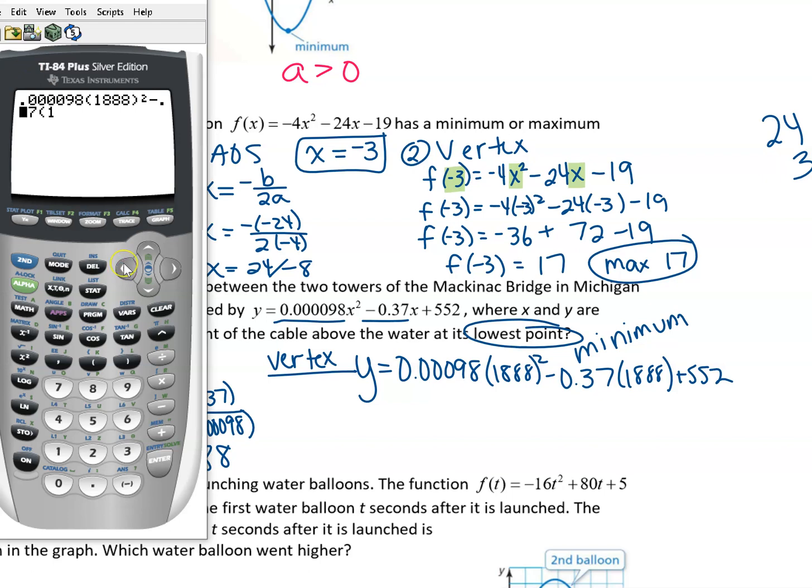Not 0.037, just 0.37. 1888, close parentheses, plus 552. So about 203 feet. So the calculator did all of the heavy work for us there.